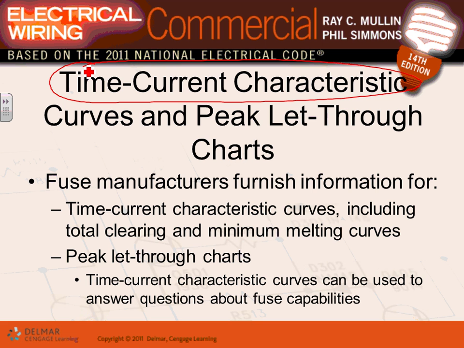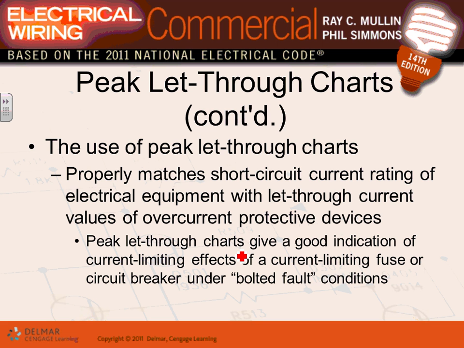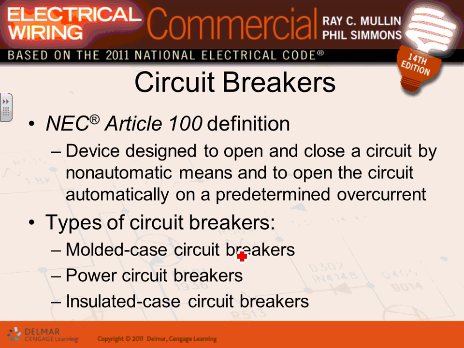And peak let-through charts will allow certain fuses to let only a certain amount of energy through in the short circuit condition. Who cares? Your equipment will survive to live another day. Good indication of current limiting effects, so that if you have a bolted short circuit.